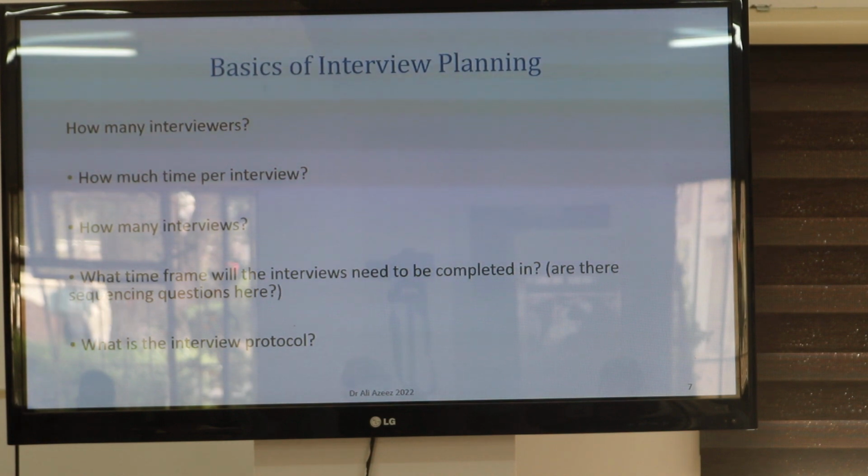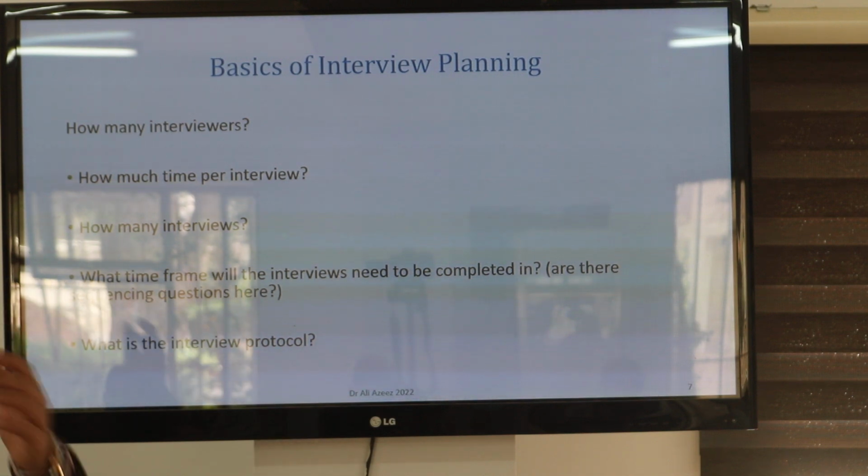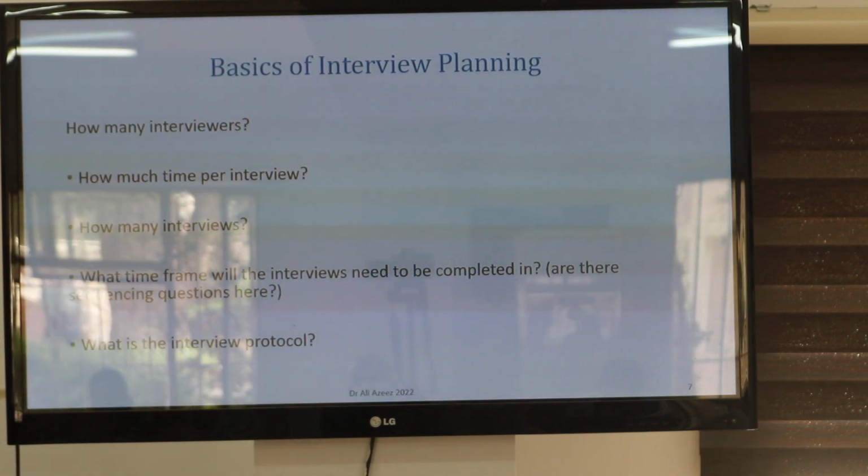Saturation means we stop data collection when we reach a point with no new data. I interviewed the first participant, second, third, and in the third I realized there is no new information over the second one. So I may do the fourth, and if it is the same information, I will stop. But if every time I get new information, I will keep doing interviews until I reach the saturation point. So it varies according to the topic and the participant.